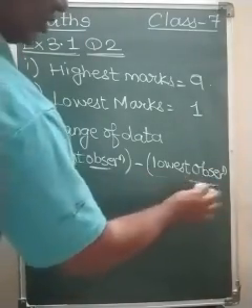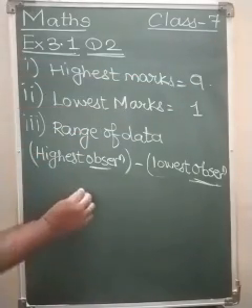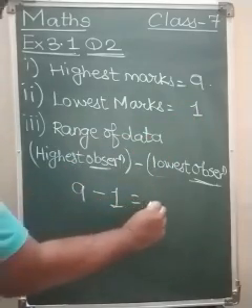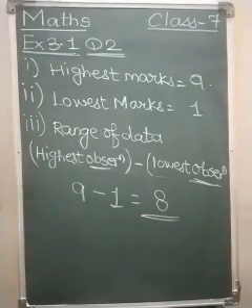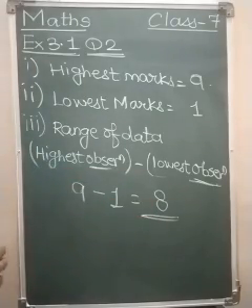What is the highest observation? 9 minus, what is the lowest observation? 1, equals 8. So what is the range of the data? 8 marks. And the fourth question is, I will rub out the whole thing.